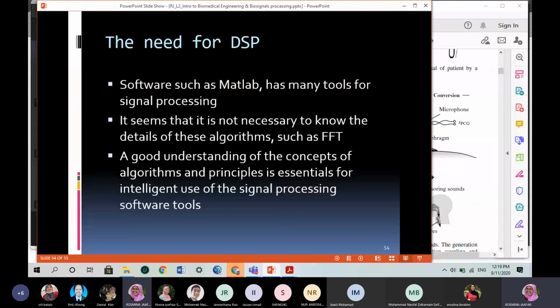And a good understanding of the concepts of algorithms and principles is essential for intelligent use of signal processing software tools. So you just use MATLAB as a tool that can help you analyze the signal.